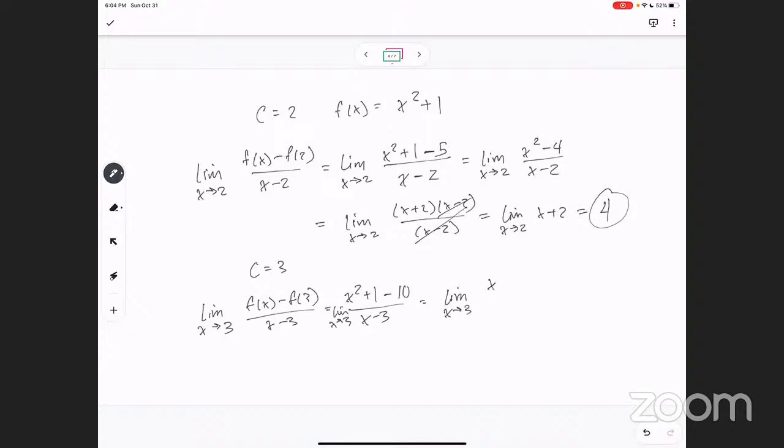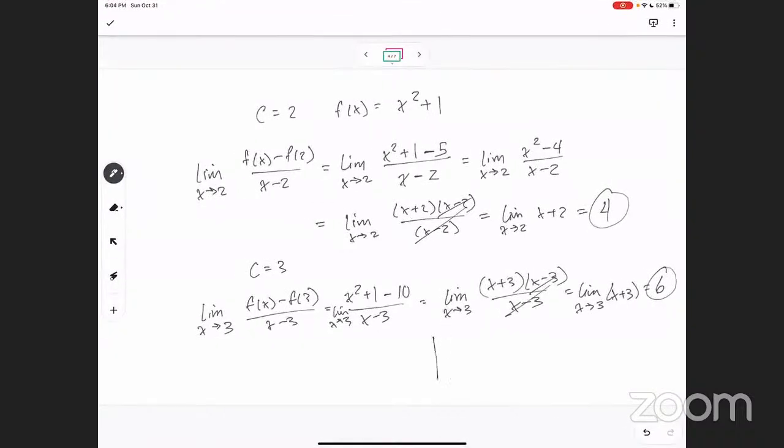Yep. x plus 3 times x minus 3 all over x minus 3. Those cancel. You get the limit as x goes to 3 of x plus 3, which equals 6.